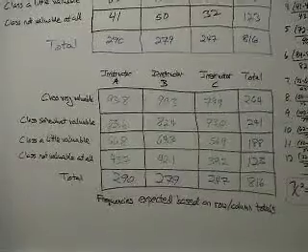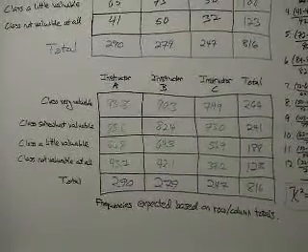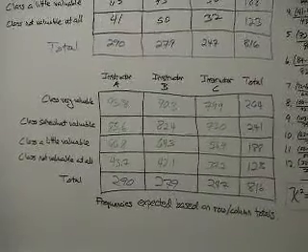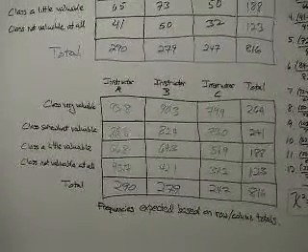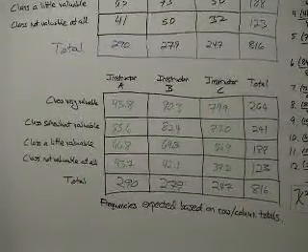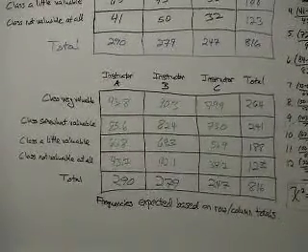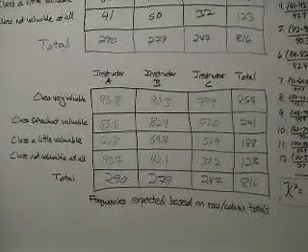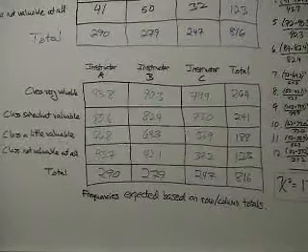Likewise, if we want to get the number for the cell right below that, we take instructor A's total of 290 and multiply it by the total for class somewhat valuable, which is 241. So 290 times 241 divided by the grand total of 816 gives you 85.6.